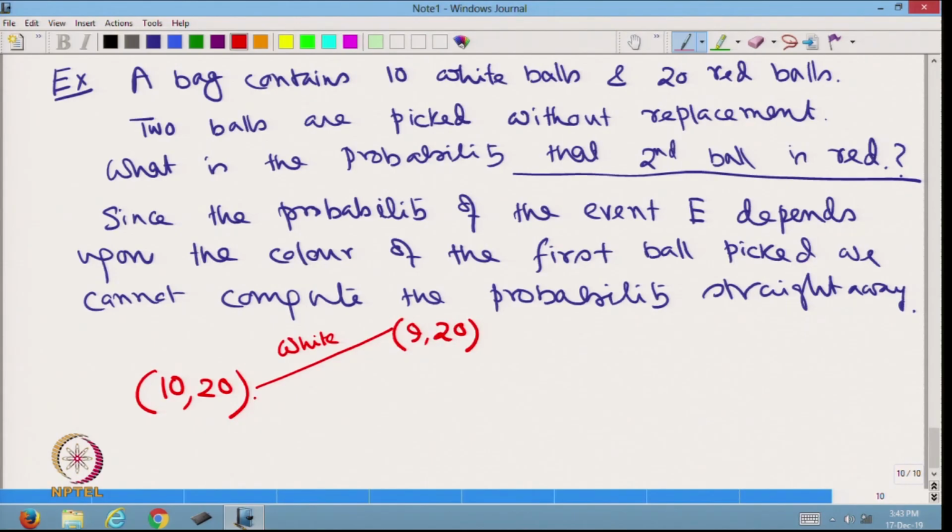On the other hand, if the first ball picked is red, the configuration is going to be 10, 19.